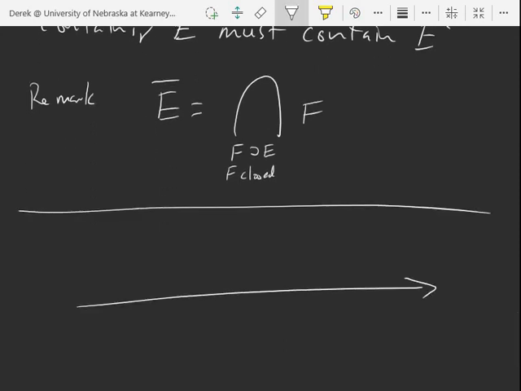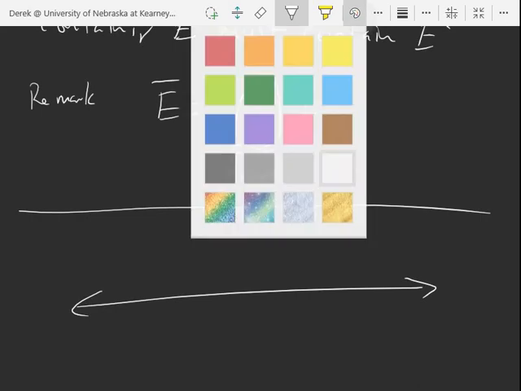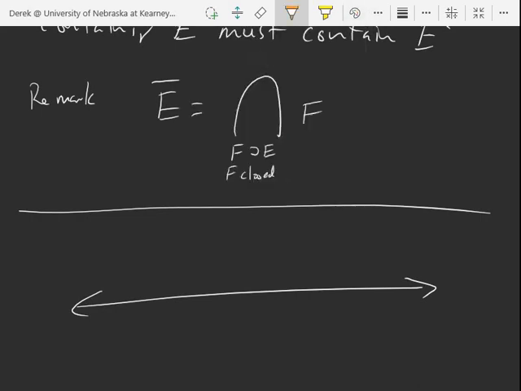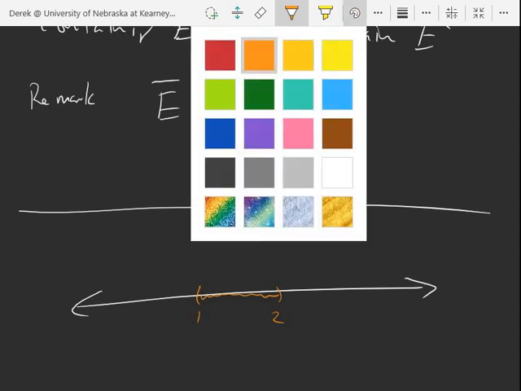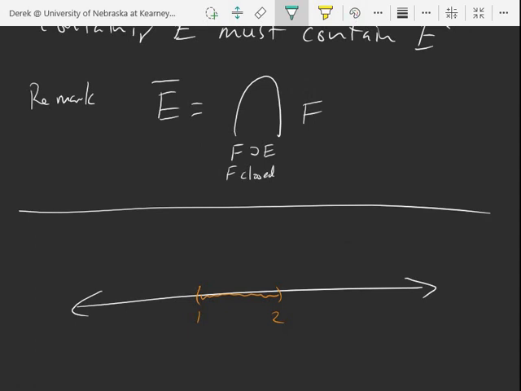So let's look at just a real quick example on the number line of what the closure is. Sort of a silly example. Say I'm looking at the open interval from 1 to 2. What's the closure of that? Well, it's the smallest closed subset that contains that.